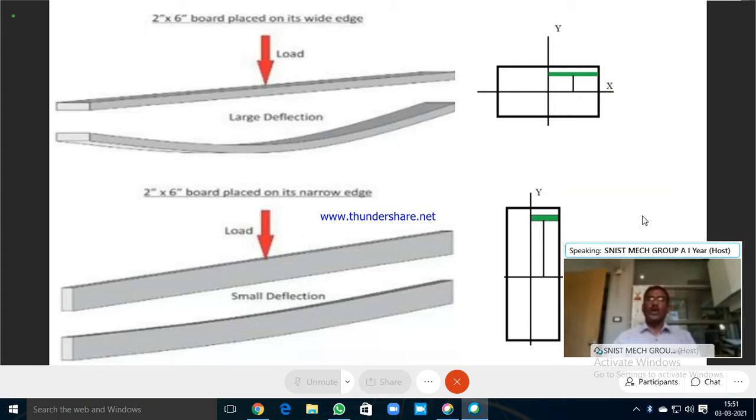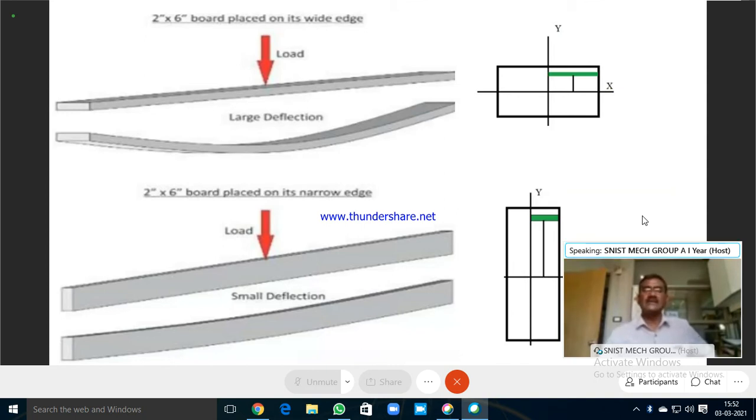And the same load you are applying in one orientation and another orientation. Depending upon the orientation of the beam, the moment of inertia value is going to change. Remember there is no change in cross-section area. What is the change? The orientation is changed.